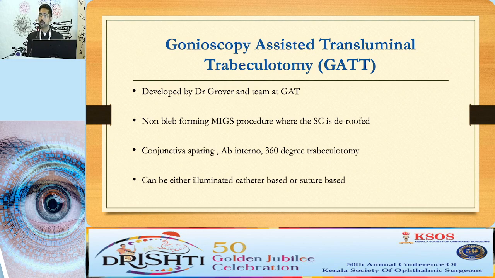It's a non-bleb forming MIGS procedure where the Schlemm's canal is de-roofed. It's a conjunctiva sparing, ab interno, and most importantly 360-degree trabeculotomy. It was initially started as an illuminated catheter-based procedure and is now extensively used with 5-0 Prolene for developing countries or where socioeconomic considerations apply.